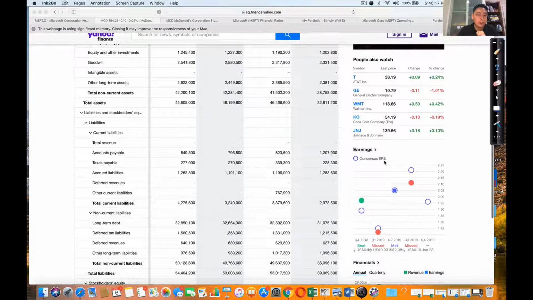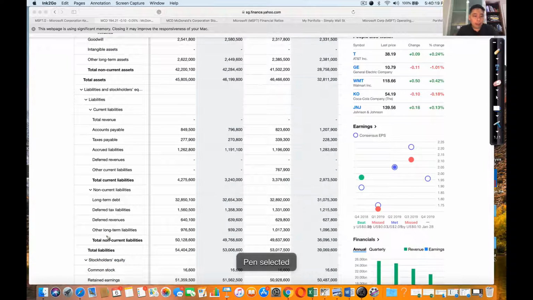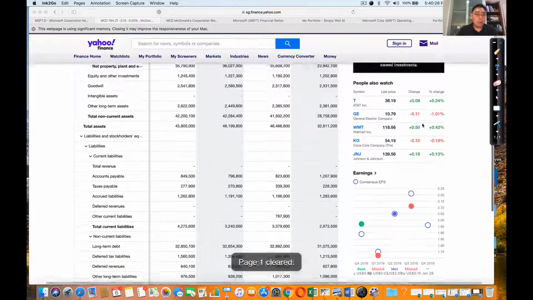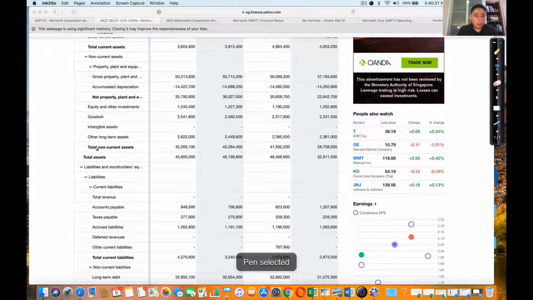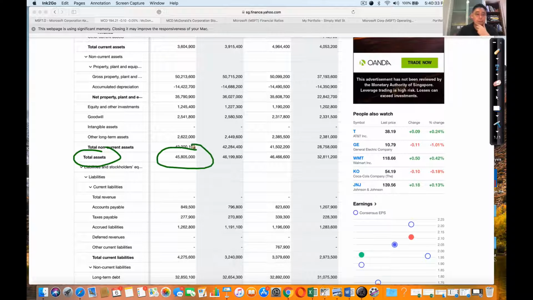If you take a look over here, you can see that their total liabilities is $54 billion. So they owe 54 billion, but their total assets are 45 billion. So again, assets minus liabilities equals shareholders' equity. They've got more liabilities than assets, which means that they've got negative shareholders' equity.